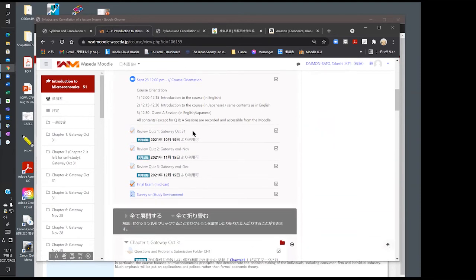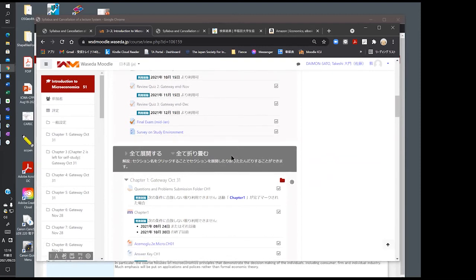So I set three gateways, or three due dates. One is the end of October, next month, one month from now. The other ones are the end of November and December. By these three due dates, you are expected to finish the chapters.